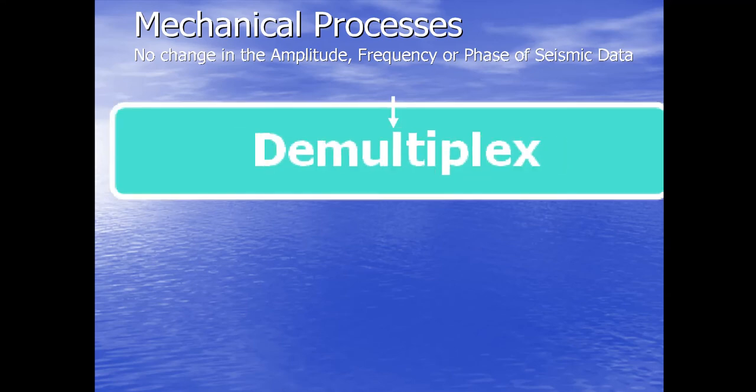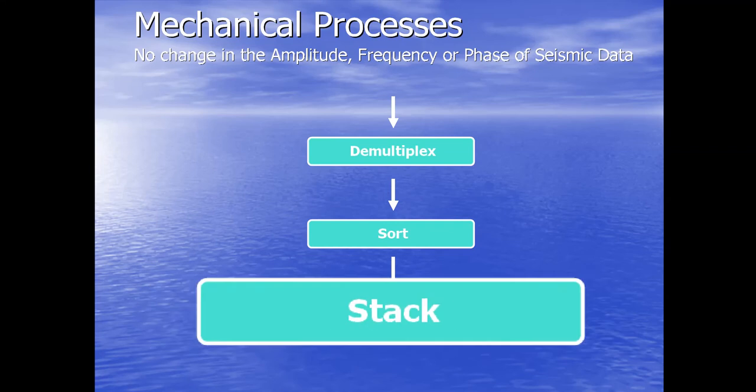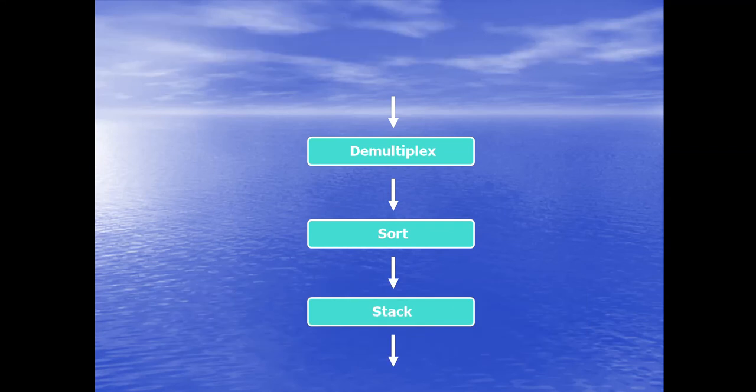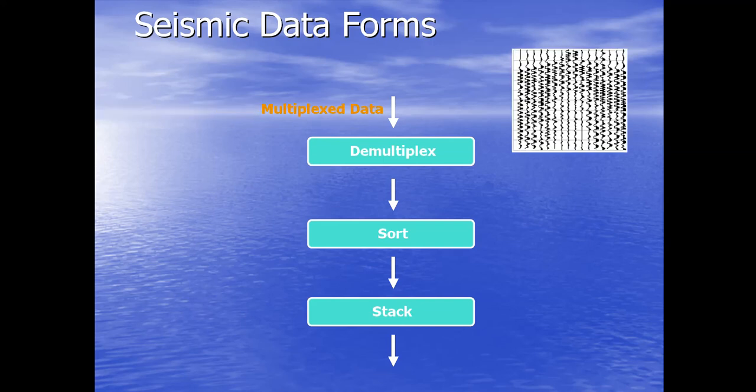The mechanical processes include demultiplexing, from multiplexed data to demultiplexed data. We change from shot order to trace order data, then we sort our data, then we stack. In this case, we are not changing any amplitude, phase, or frequency. As I mentioned, the multiplexed data is in shot number, or trace sequential, form.